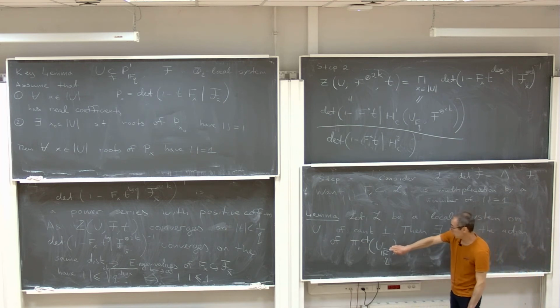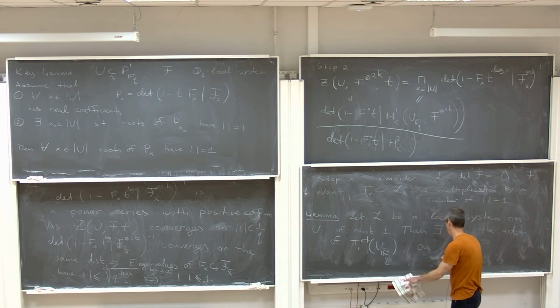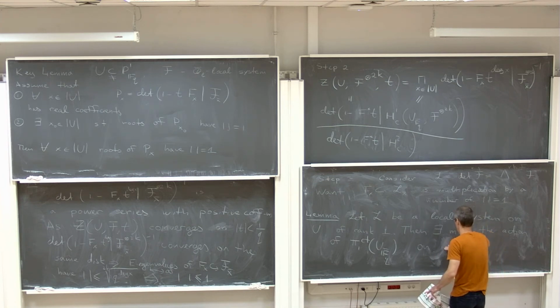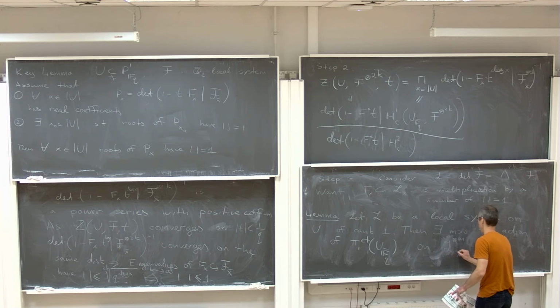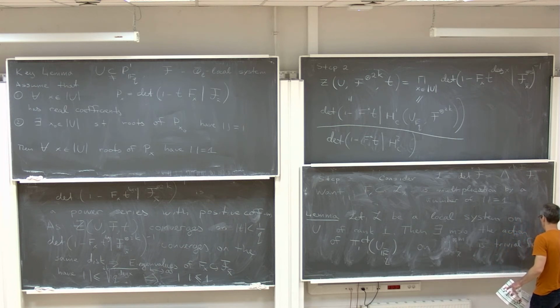It's a representation of the big fundamental group, and I claim that the action of the geometric fundamental group factors through a finite quotient, which means this is trivial for all x, right?